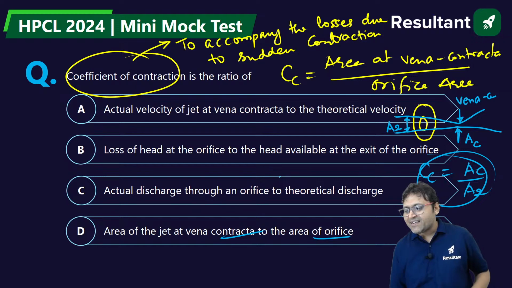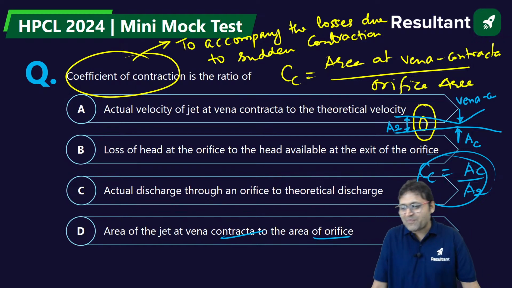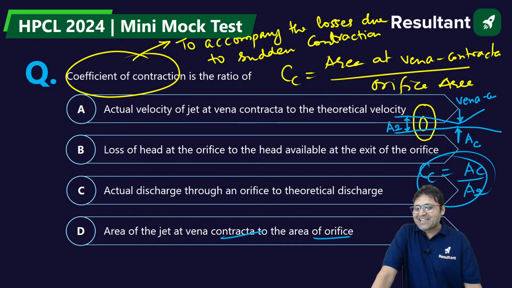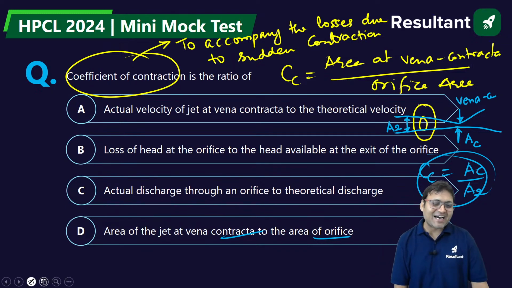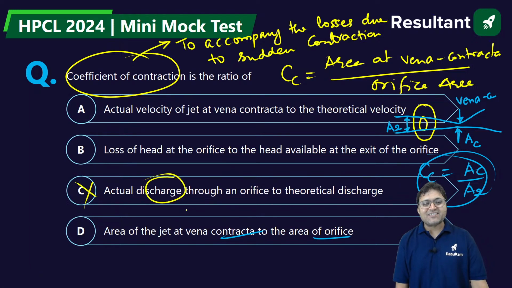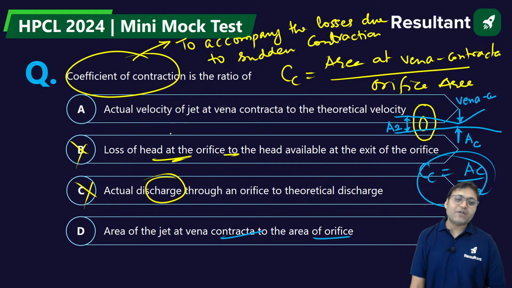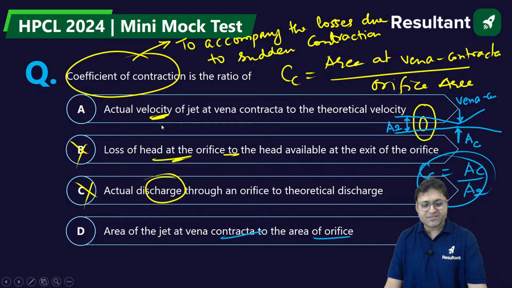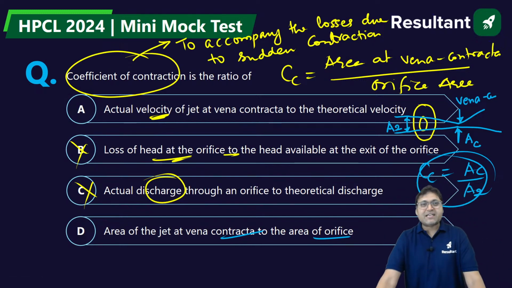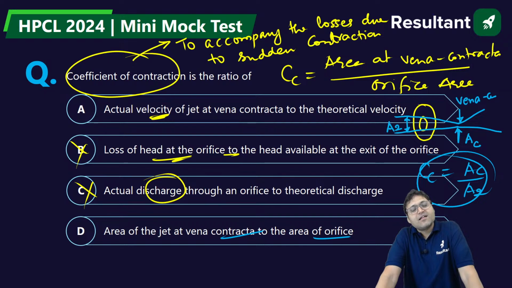Option D. Update me. What is the correct answer for this one? It is not the ratio of discharge. It is the ratio of areas. It is not regarding the head loss. It is not the ratio of velocity. The ratio of velocity is defined as coefficient of velocity.